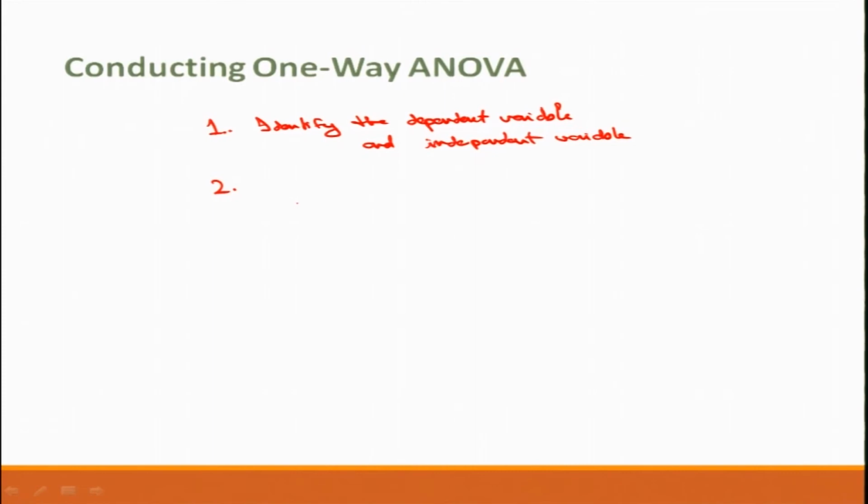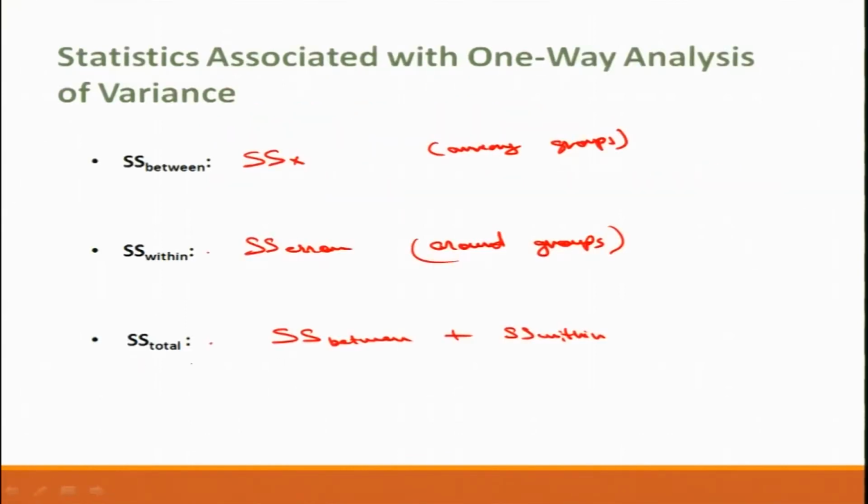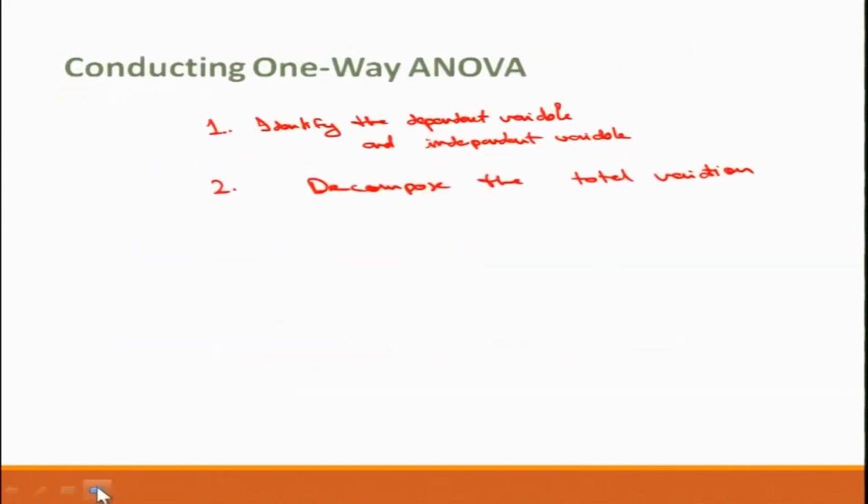Second step is we need to decompose the total variation. We decompose into two components, between and within. Third step is we measure the effects of the independent variable on dependent variable here.